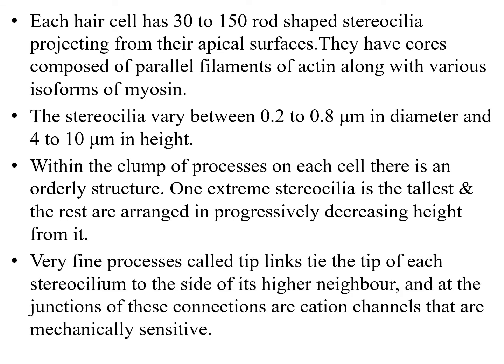Very fine processes called tip links tie the tip of each stereocilium to the side of its taller neighbor, and at the junction of these tip links are cation channels that are mechanically sensitive.